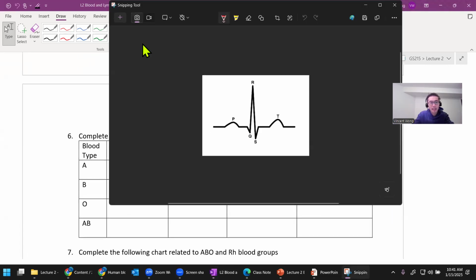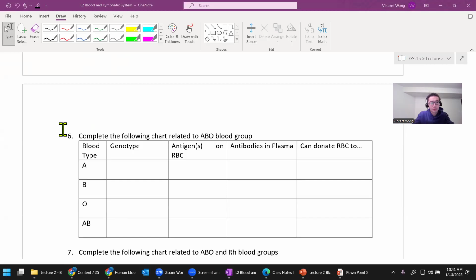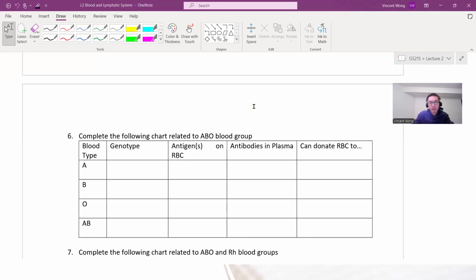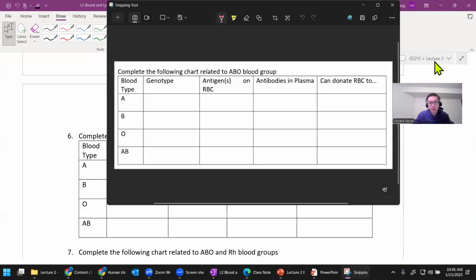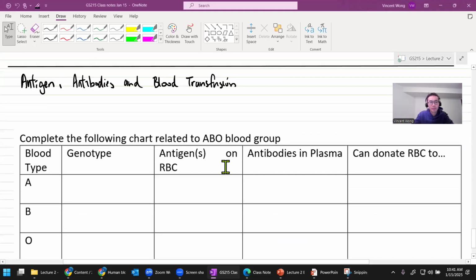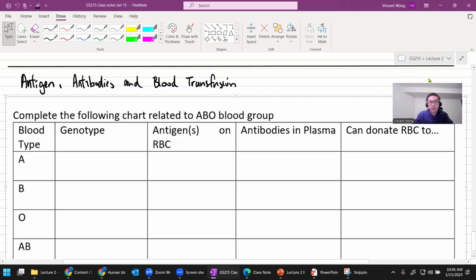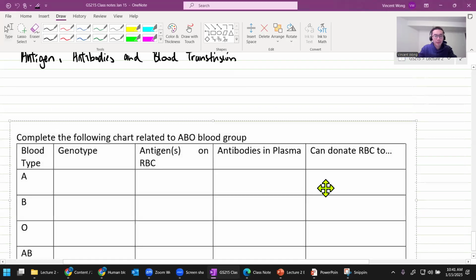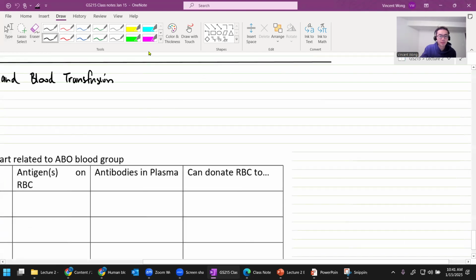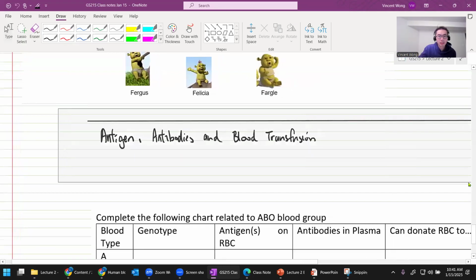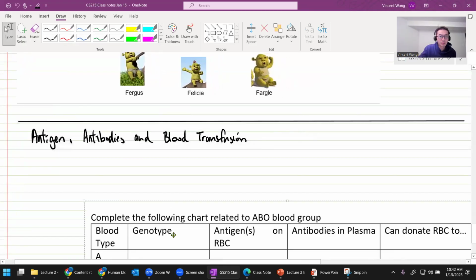That's the table I'm going to fill in for you now. If you have it printed out, excellent. If you don't have it, then make your own. It's not too difficult to make. But before we do that, let's recap some of the key concepts here.